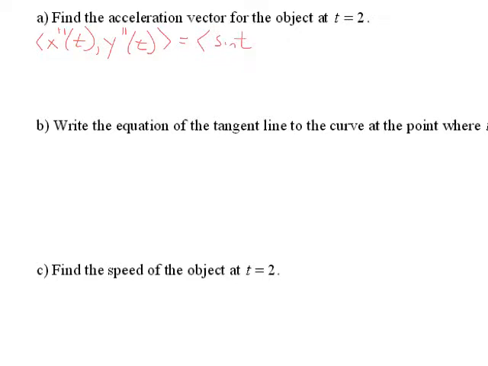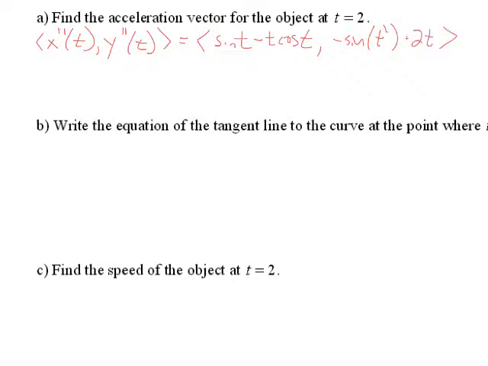So sine of t minus t cosine t. So there's x prime prime, and if we do y prime prime, we take the derivative of our given cosine t squared, and we get negative sine of t squared times the derivative of what's inside.